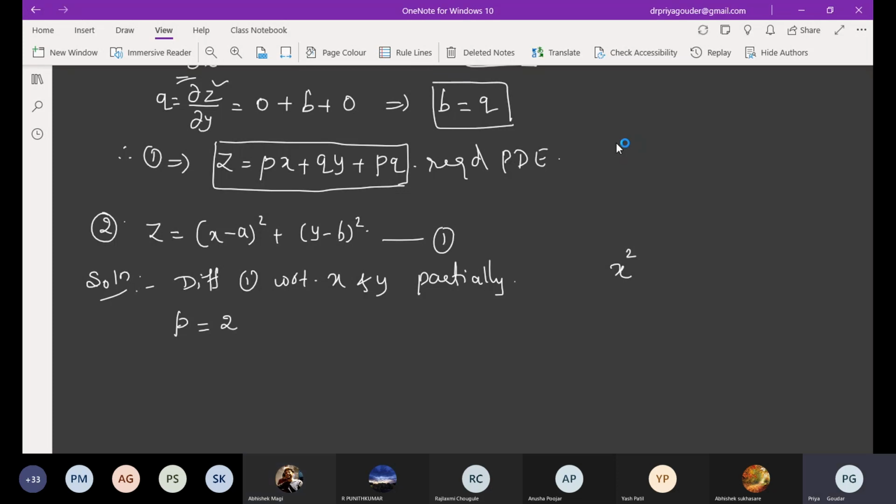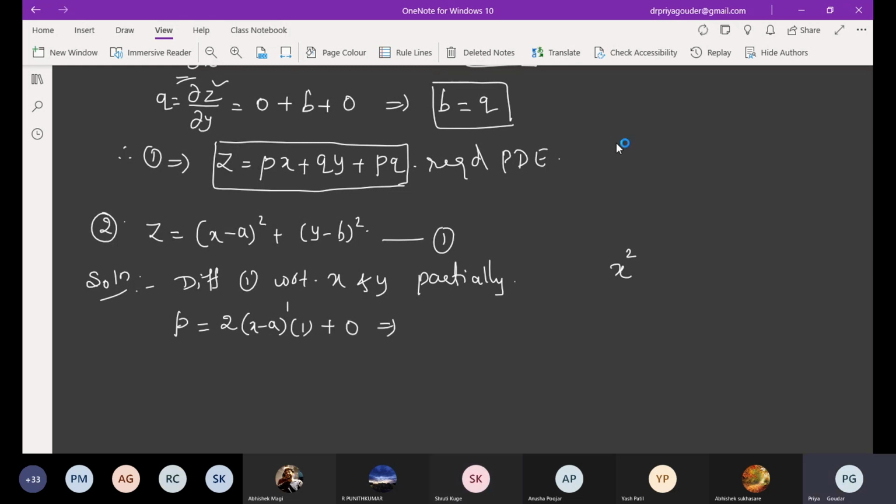Same way, so 2 into (x minus a) raised to 1 into the derivative of the bracket with respect to x, which is 1. Coefficient of x is 1. What is the value of the second term if you differentiate? 0, because there is no x.